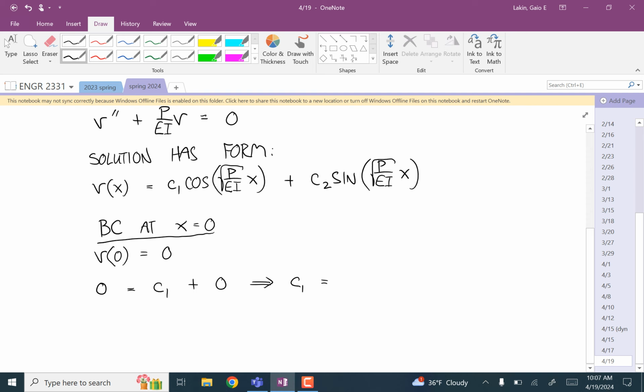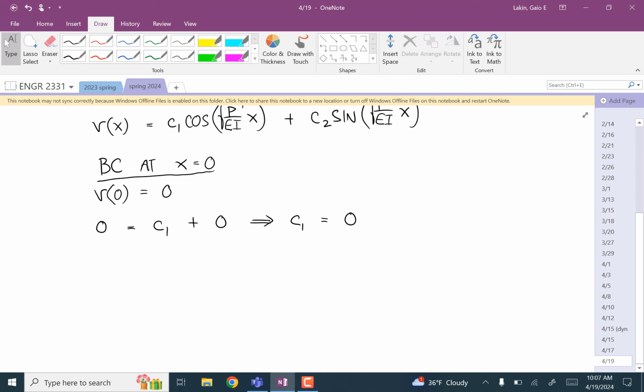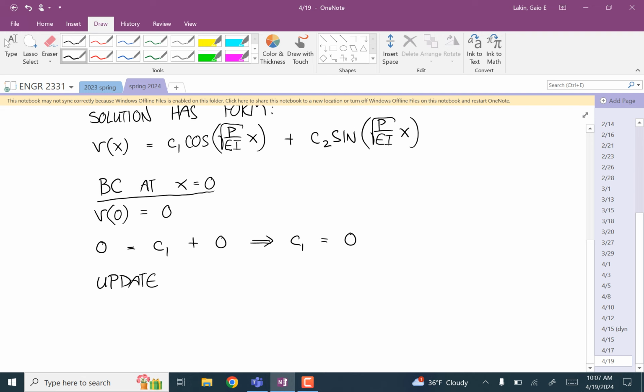So C1 is equal to 0. That's my kind of equation. I know, that's a good one. And then we'll update the deflection function. C1 is 0, so this comes out to be C2 sine of square root of P over EI times X. Okay?